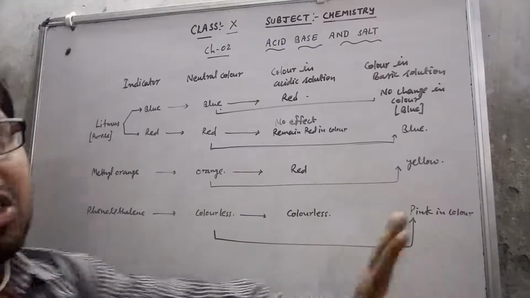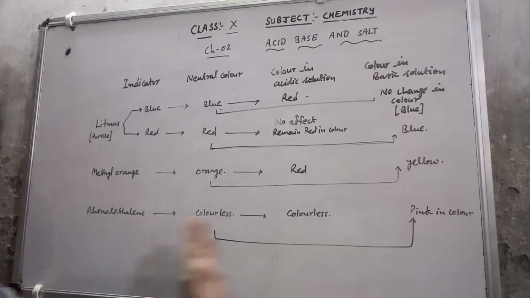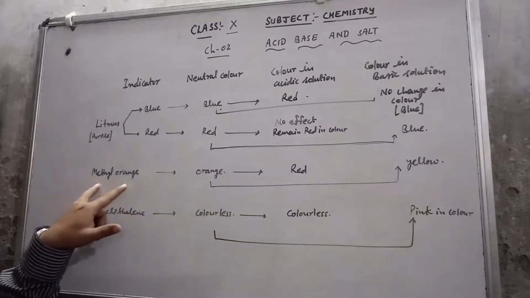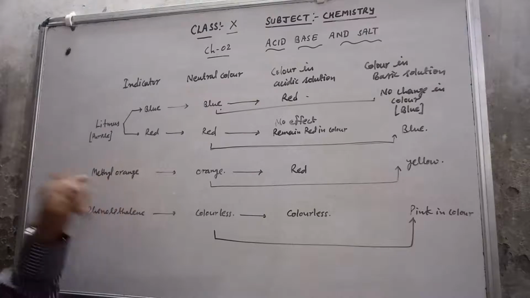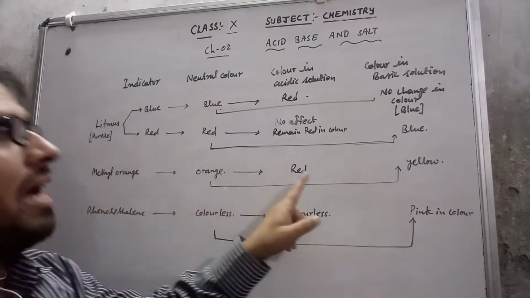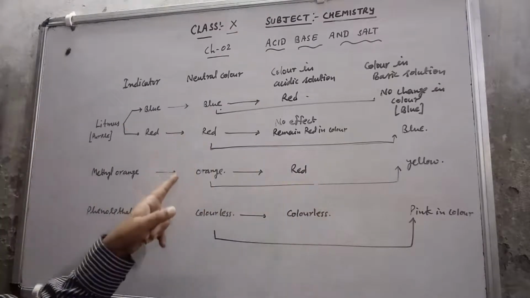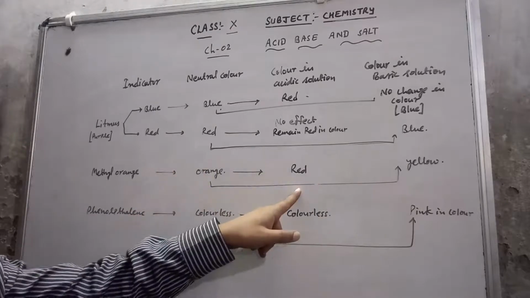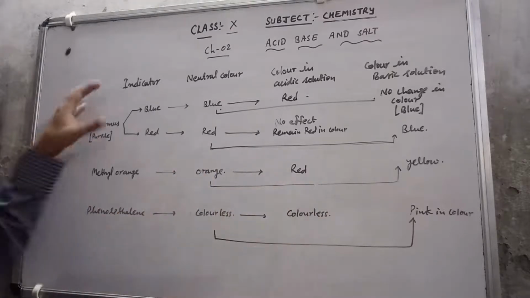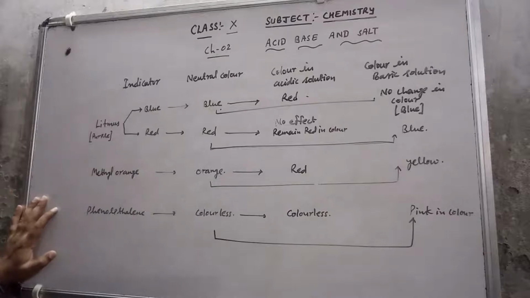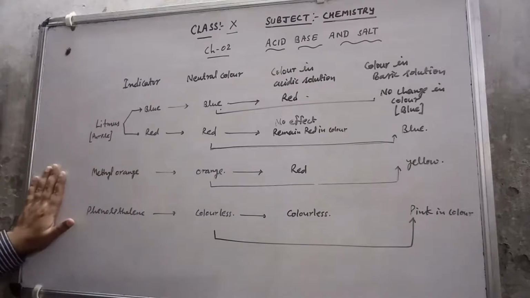The change in color is from colorless to pink in basic solution. Same, what is the change in color of methyl orange when it is added in acidic solution? It turns from orange to red in color. So this is a very short question which they can ask in the exam. So keep it in your mind.